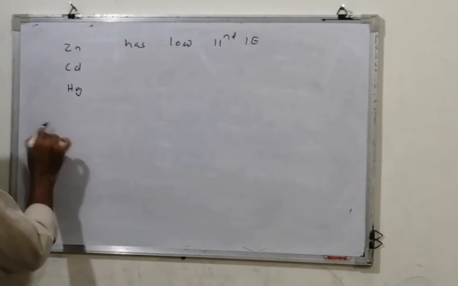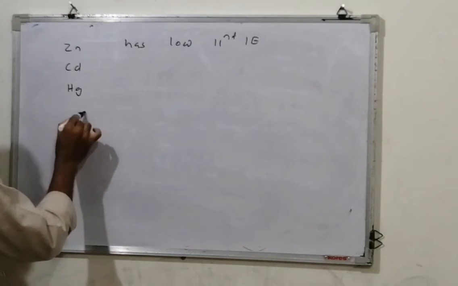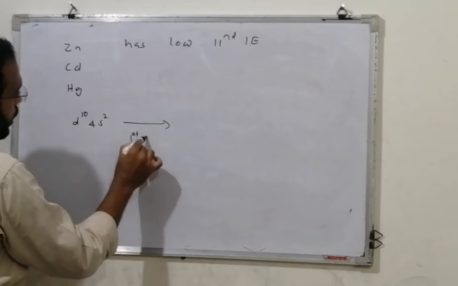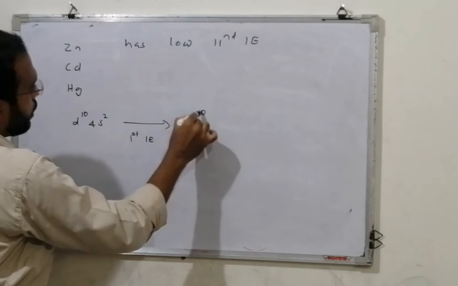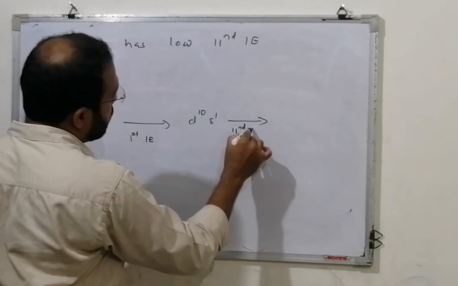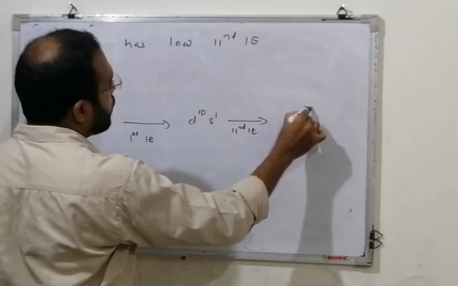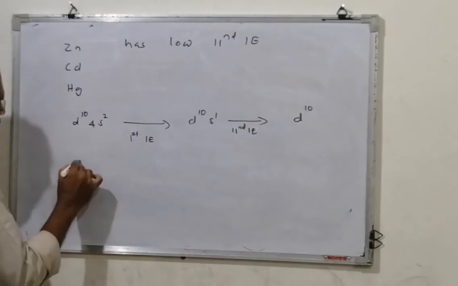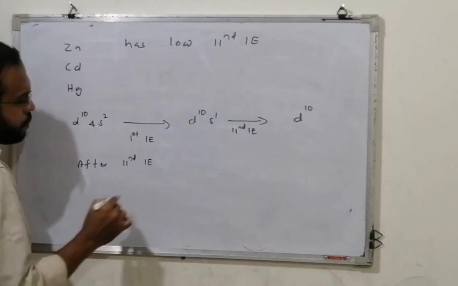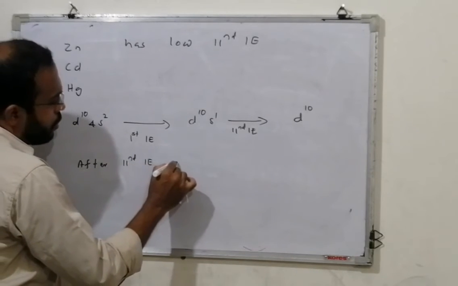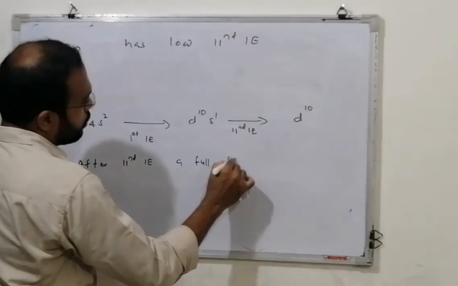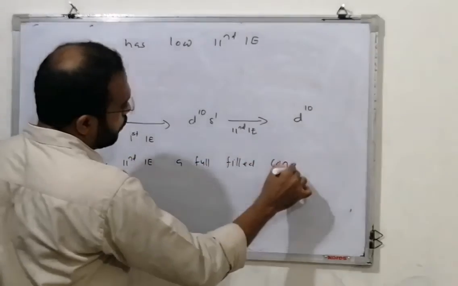They have d10 s2; after first ionization, d10 s1; then after second ionization you have d10, because a filled configuration is obtained.